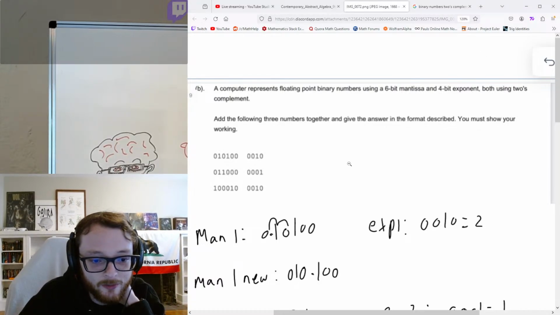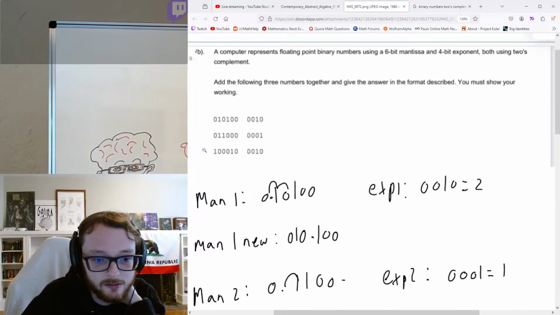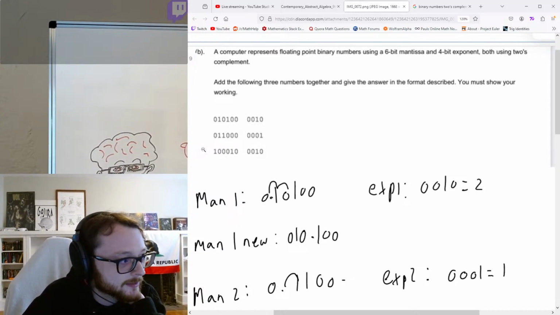But I think they didn't get the correct answer here. I was getting, because I thought for the mantissa there's an implied leading one that isn't written in storage. But yeah, it's been too long since I've done this.